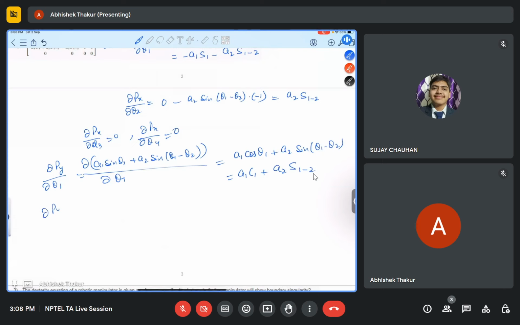Again, when you differentiate del py by del theta 2 is equal to 0 plus a2 of cos theta 1 minus theta 2, minus sign will come, so it will become minus a2 c of 1 minus 2. And del py by del d3 is equal to 0, and del py by del theta 4 is also equal to 0.